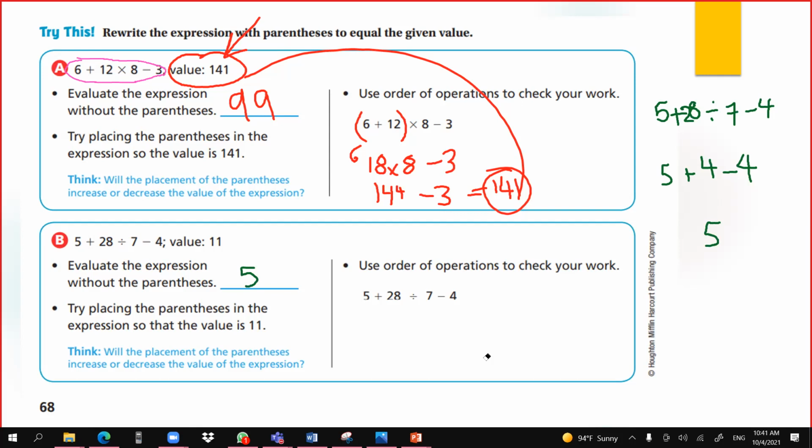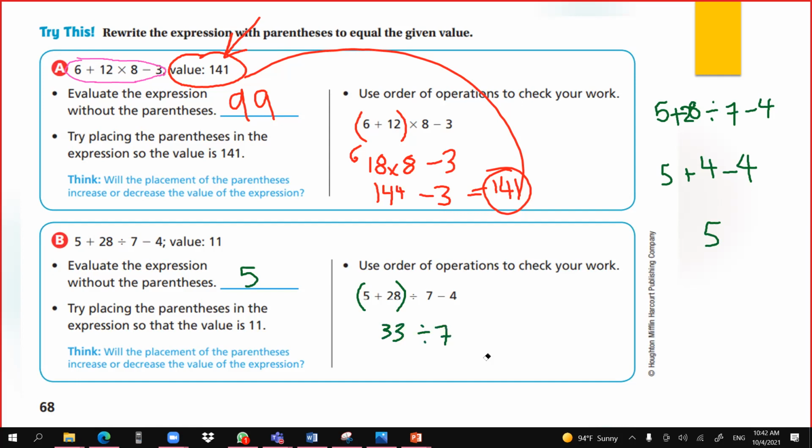But I want you now to put the parentheses in order to get the answer 11. Try. So first you need to put the parentheses here, then it's 33.